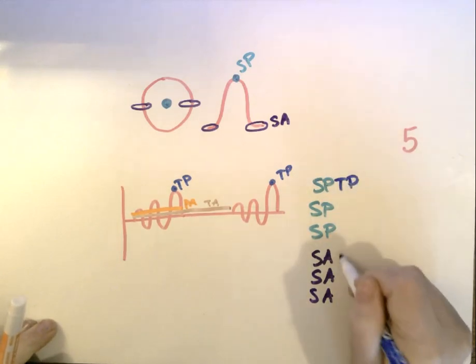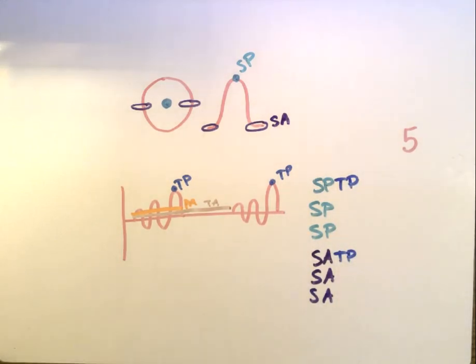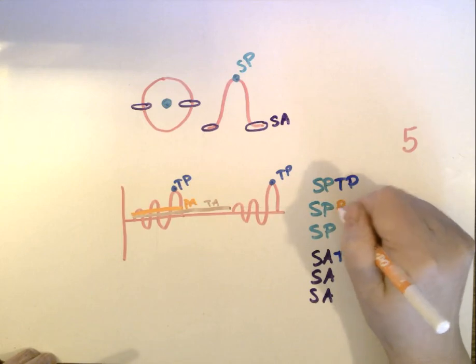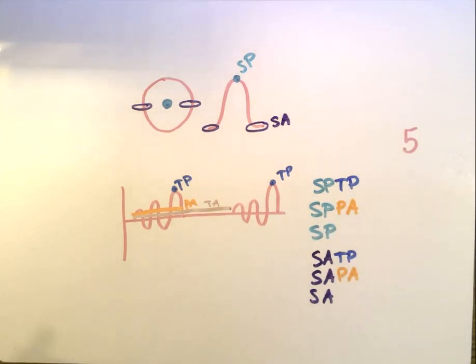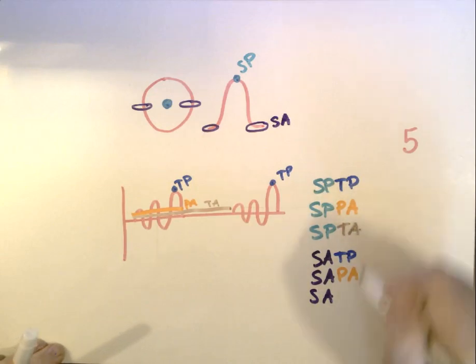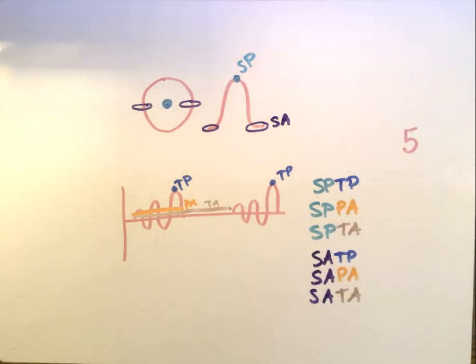And then we can just add a temporal to each one. So those are our main considerations for combinations of intensities. I'm going to leave this up for question number 6.